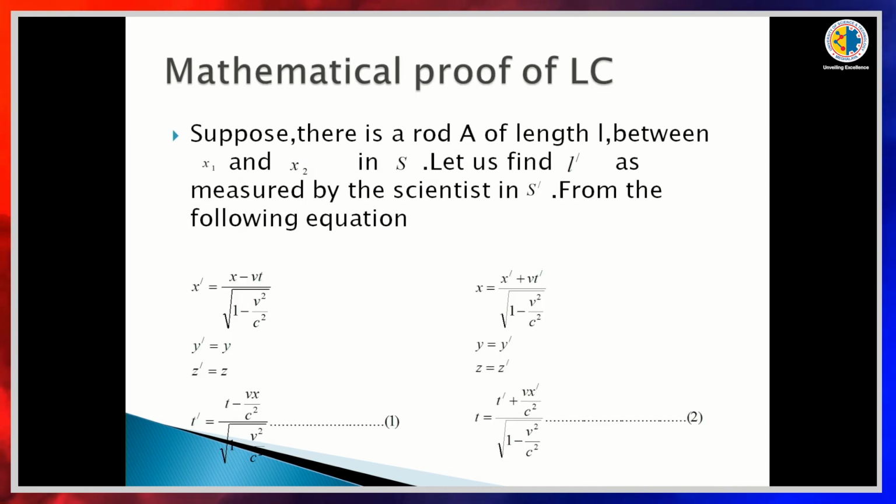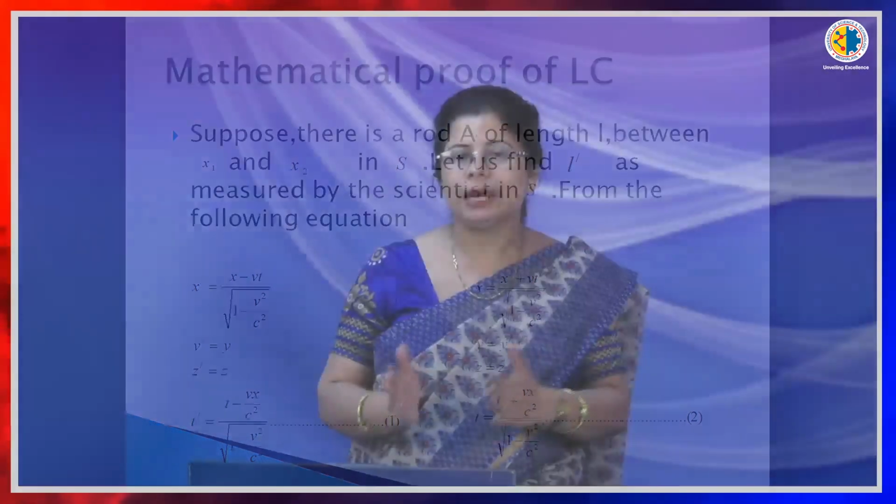Now, mathematical proof of Lorentz contraction. Suppose there is a rod of length L between x1 and x2 in the S frame. As we know, we always consider the S frame and S' frame, and if we consider a rod in the S frame, its endpoints are x1 and x2 and the rod length is given as L. Let us find L' as measured by the scientist in S'.